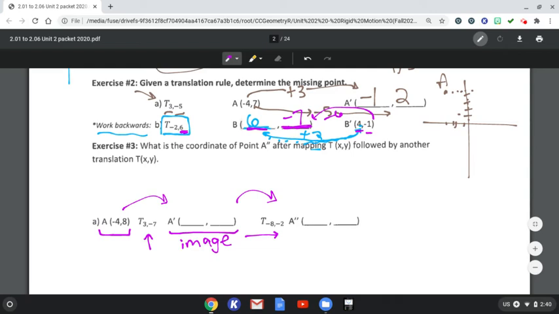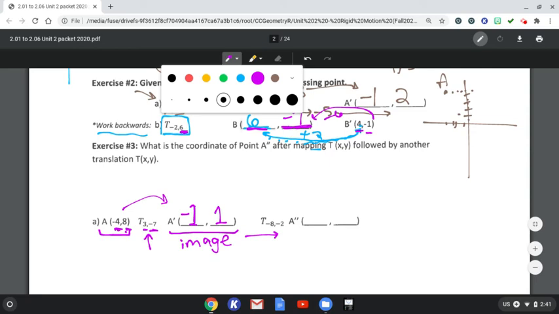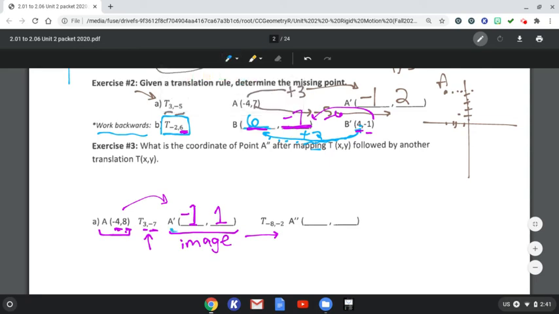So if our ordered pair is -4, 8, and our translation rule says 3, -7, we're going to look at the x and add 3. So -4 plus 3 is -1, and 8 subtract 7 gives us +1. So the image there is -1, 1. Now we're going to continue our direction, and we're going to use A prime to find A double prime.